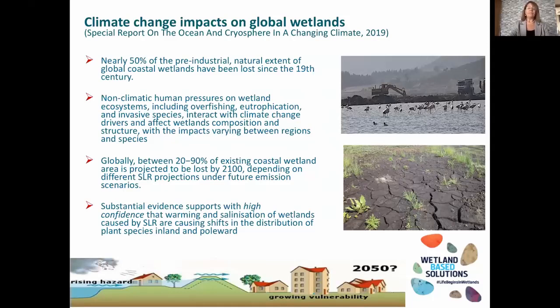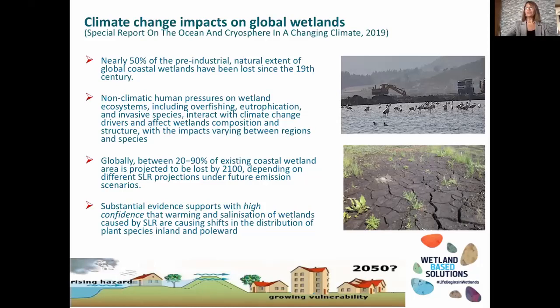Il faut dire que ce n'est pas que le changement climatique, il y a surtout les pressions humaines non climatiques sur les zones humides, comme la surpêche, l'eutrophisation et les espèces envahissantes, entre autres, qui interagissent avec les facteurs du changement climatique et affectent leur composition et leur structure, avec des impacts qui varient selon les régions et selon les espèces.